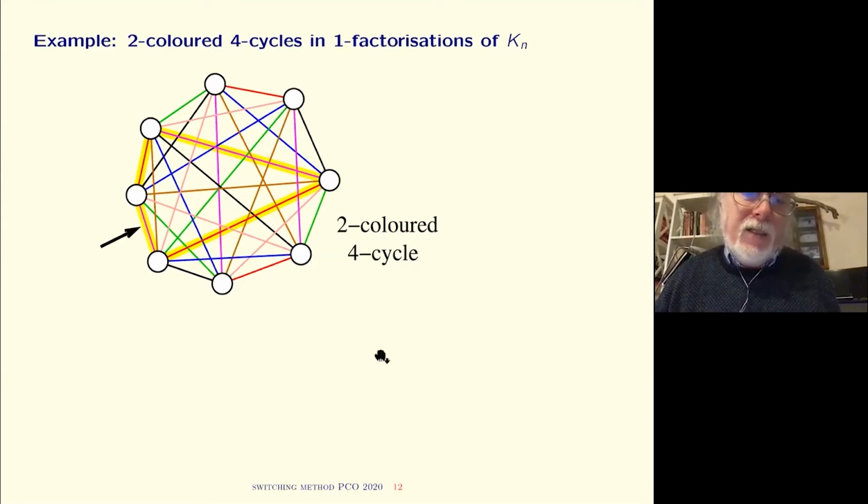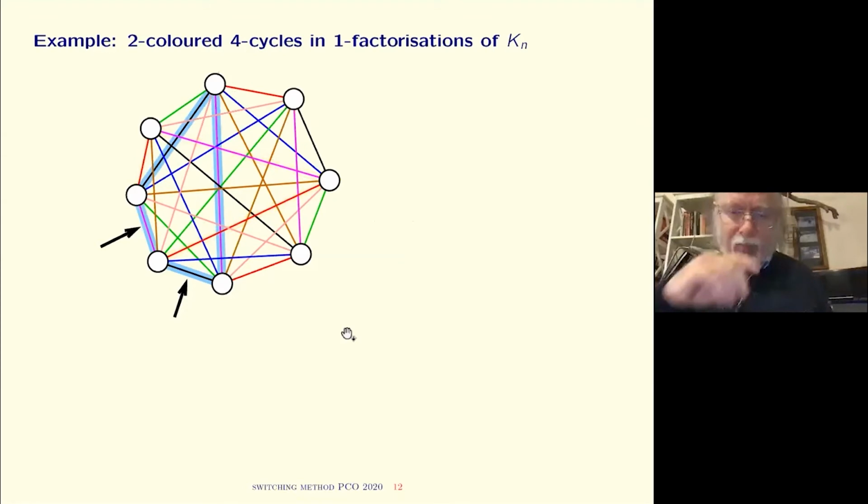Well, let's take one of the edges of this 4-cycle, take another edge that's incident, which will have to have a 3rd color, and then the 2 edges arrowed give us a cycle. In this case, it's a pink-black cycle. So you follow pink, black, and you switch the colors along that cycle.